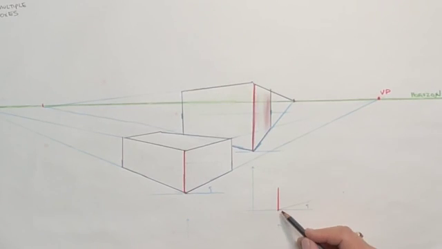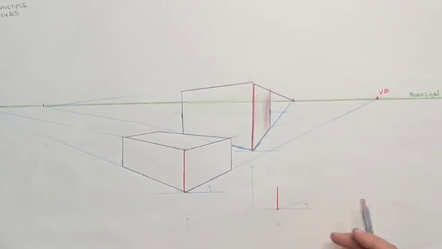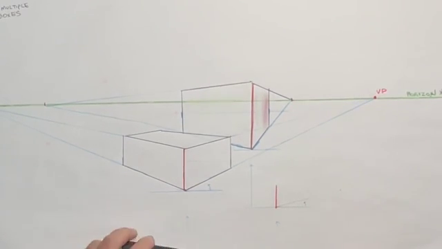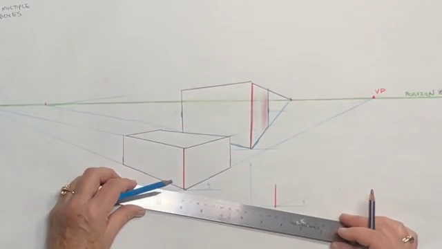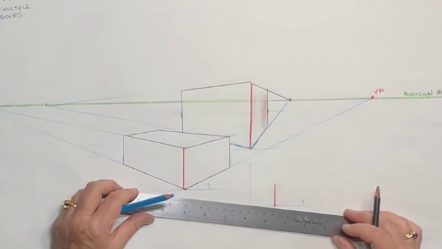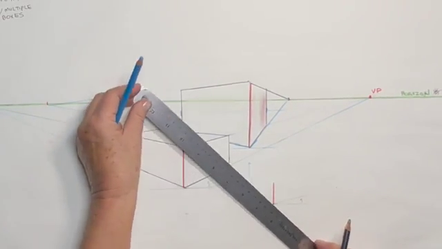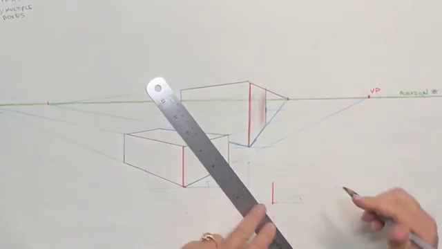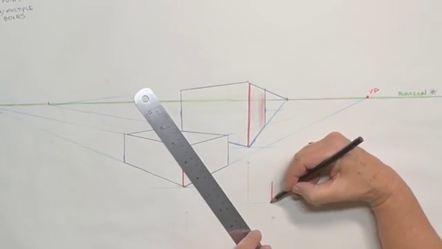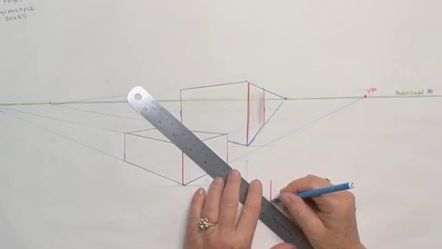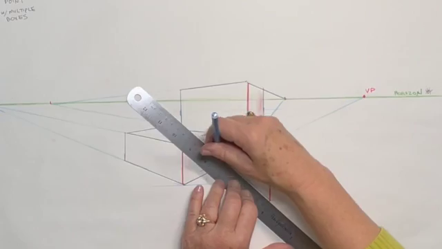A third of it is about 30 degrees, so this is probably more like 20 degrees. And then this one I'm going to say is about 45 degrees. So there's a 45-degree angle for that base of that side of the box.